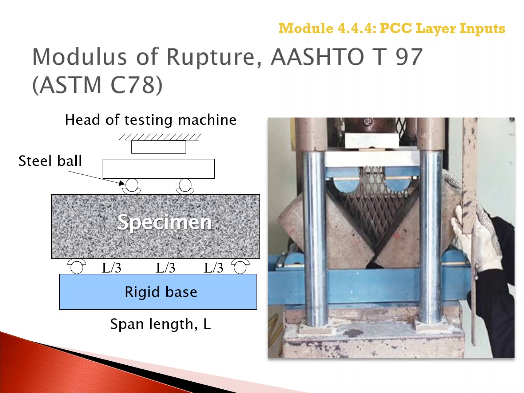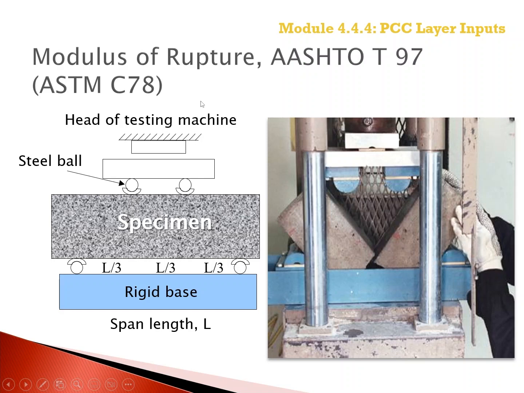The modulus of rupture for PCC mixtures is a critical material strength for predicting the performance and fatigue cracking resistance of rigid pavements and PCC overlays, and is measured in accordance with AASHTO T97 or ASTM C78.